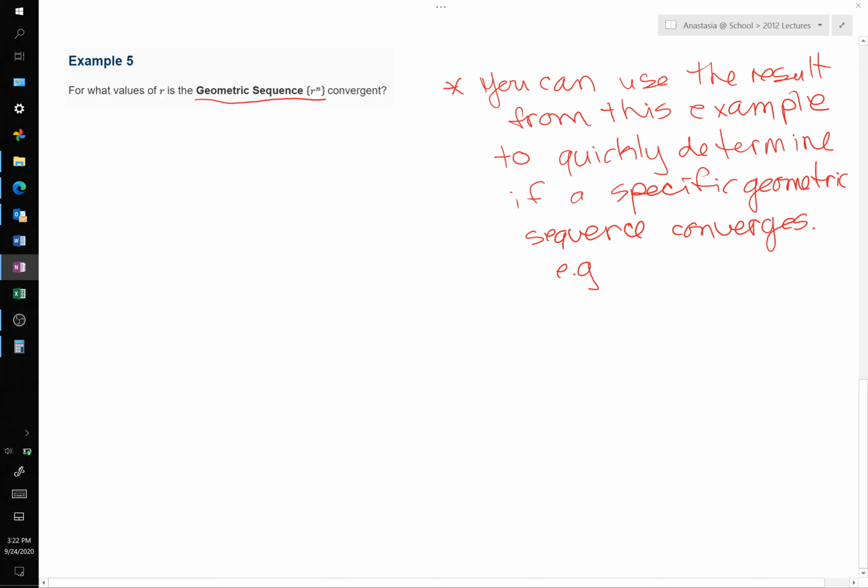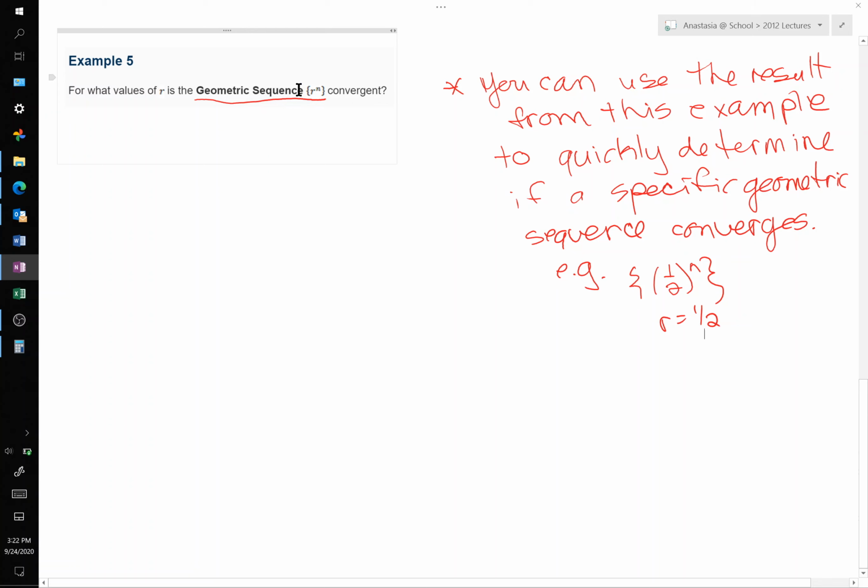So for example, if you're talking about, say, 1/2 to the n, here r is equal to 1/2, and in the future you can make a conclusion about whether this converges or not based solely on the r value. So that's what we're going to figure out in this example.